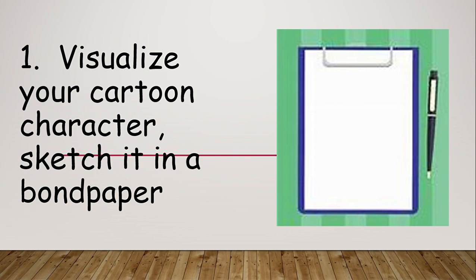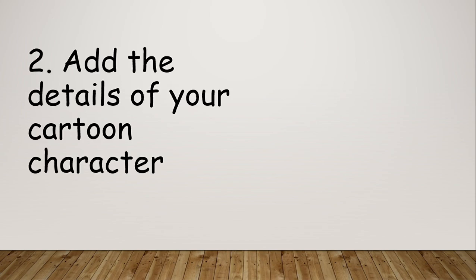We proceed to step number two, which is to add the details of your cartoon character. How can we add the details? By simply adding the different parts of the face, like for example the eyes, ears, nose, and lips. Those are the different details in our cartoon character.